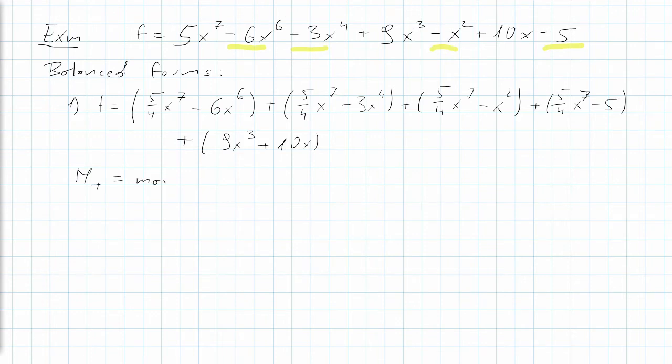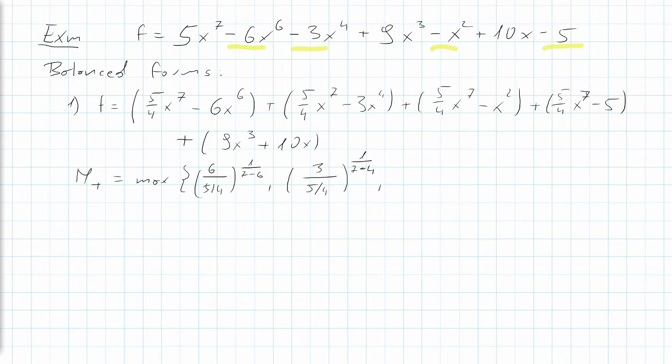And so the bound is the maximum of: 6 over 5/4, to the power 1 over 7 minus 6. And now the other one will be 3 over 5/4, to the power 1 over 7 minus 4.